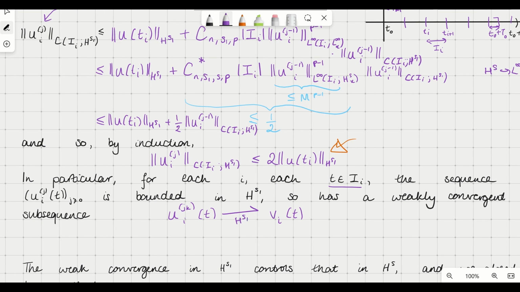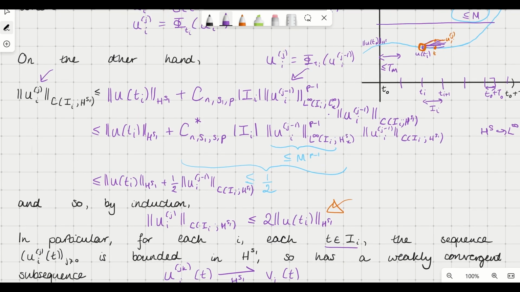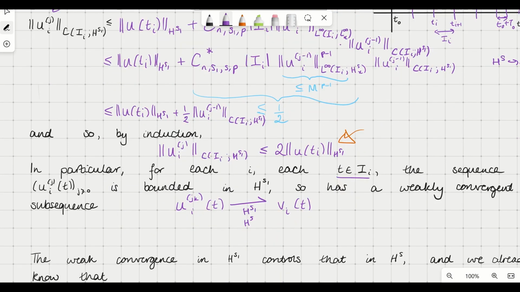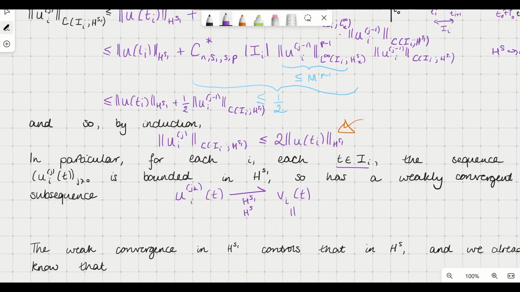But in fact, weak convergence in HS1 controls weak convergence in HS, so this also converges in HS. And we already know that these iterates converge strongly to u in HS at a fixed time t. So in fact, we must have that v_i of t equals u of t.